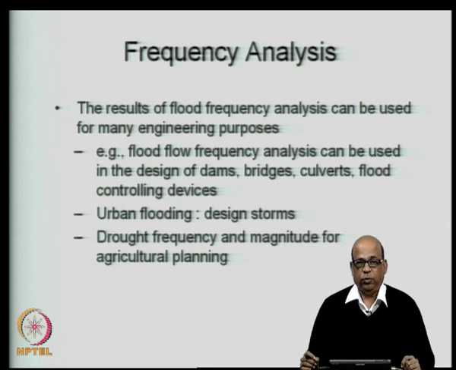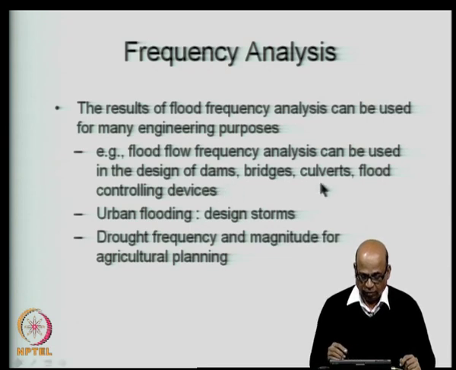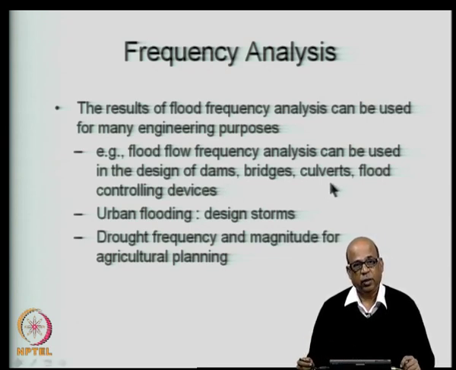Now, these kinds of questions are of high relevance in the design of dams, bridges, culverts, flood control devices and so on. When we build a dam, we may want to design it for a flood of a return period of 100 years.